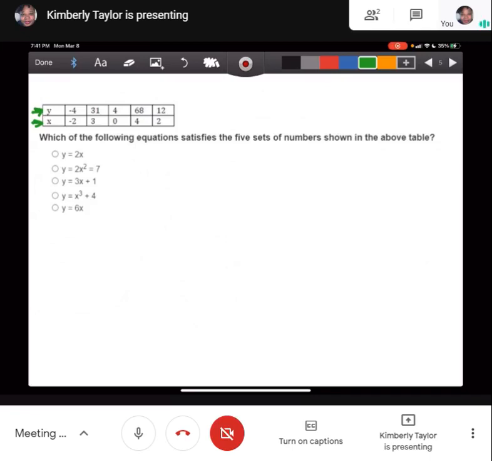When I look at this table, I know that my y-intercept is going to be right here. And the reason why I know that is because the value of x is 0.